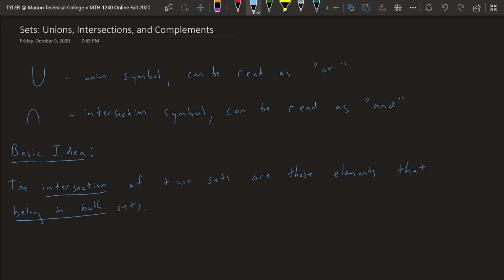Right? And the union of two sets are all the elements from both sets.